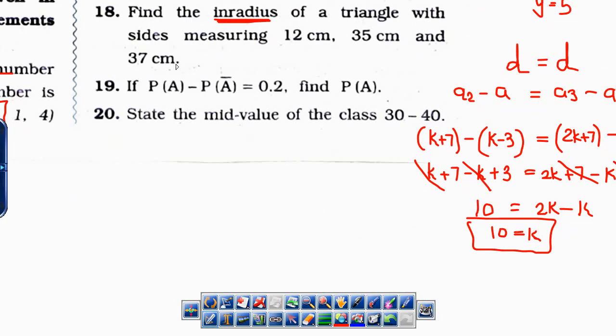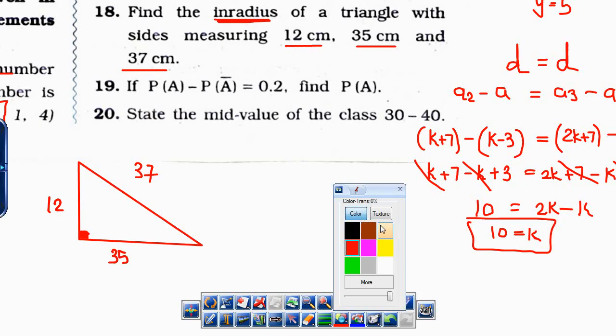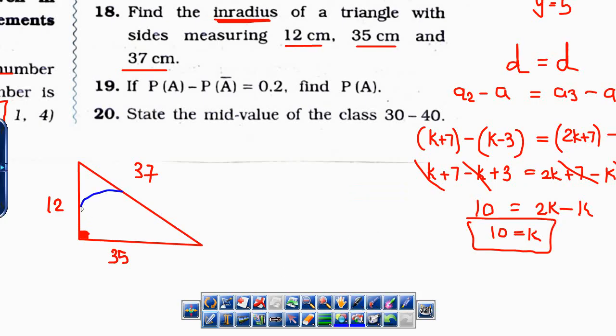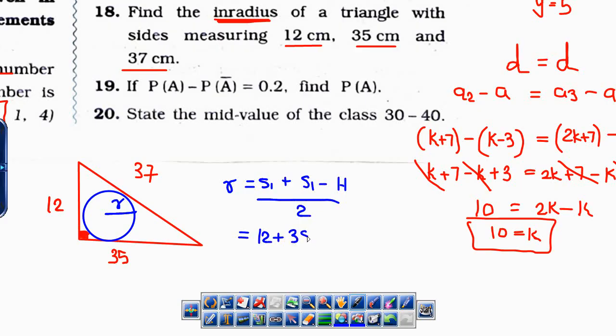First the trick: 12, 35, 37 is a right angle triangle, and you have to learn this by heart as a triplet. The incircle is a circle that touches all the sides of the triangle, and its radius is called the inradius. The shortcut formula, which you have to learn by heart, is (side 1 plus side 2 minus hypotenuse) divided by 2, which is equal to (12 plus 35 minus 37) divided by 2, which is 47 minus 37 divided by 2.